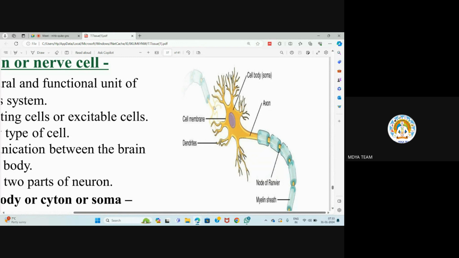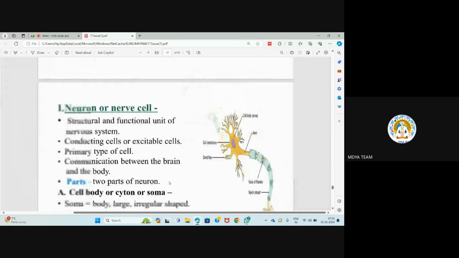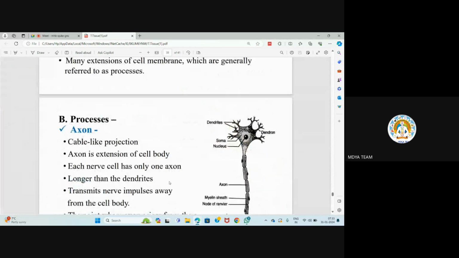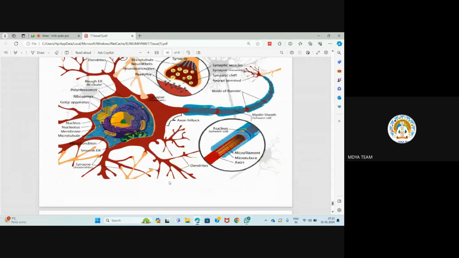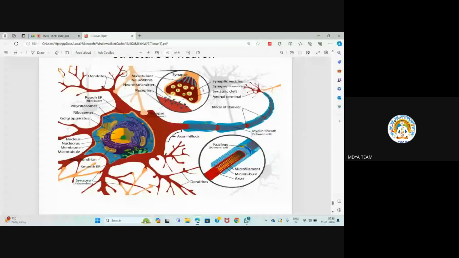It will occur as, let me see if that picture is here or not. Yes, here. In this round, you can see, can you see my cursor? Yes, ma'am. So this is the previous neuron.